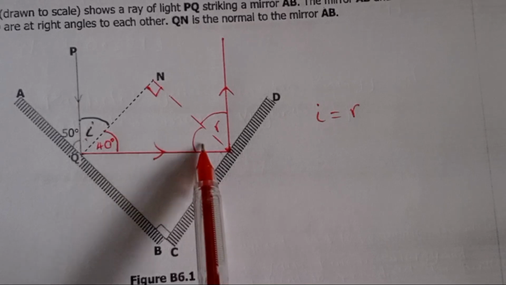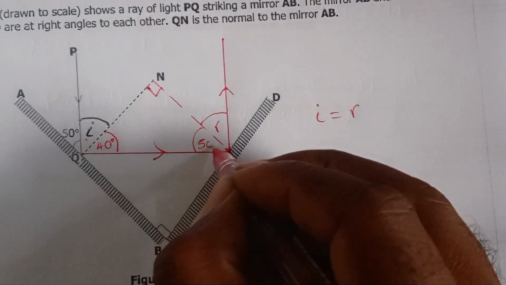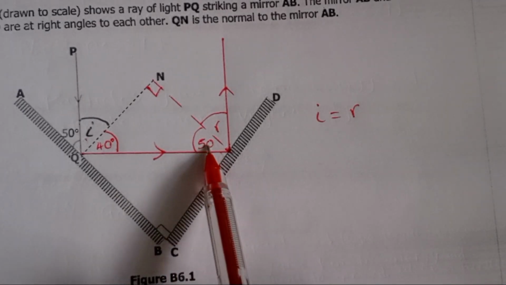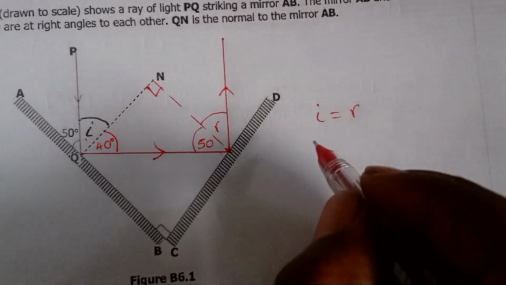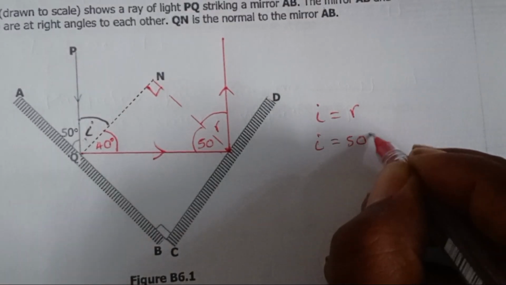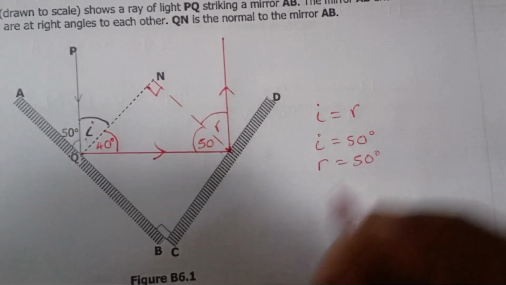The angle of incidence here is going to be 50 degrees. So if the angle of incidence is 50, then the angle of refraction is what? 50. Therefore, the angle of refraction is also 50 degrees.